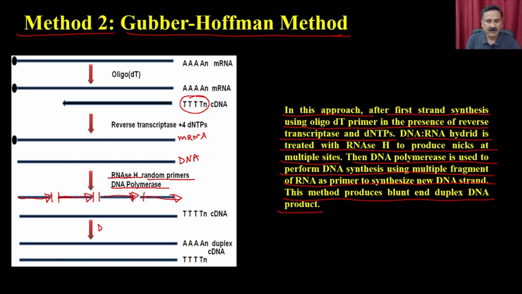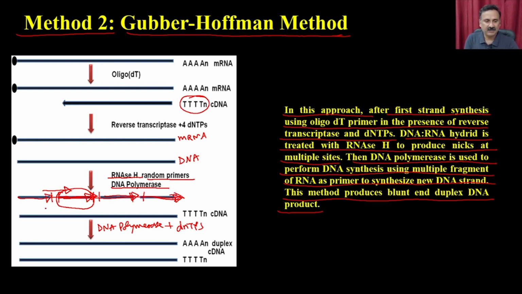When you add the DNA polymerase along with the dNTPs, it is going to use this as a primer, and that's how it is going to start synthesis. And you know that when the DNA polymerase runs, it is going to remove this particular sequence and synthesize its own sequence, and that's how it is going to synthesize the new DNA strand.